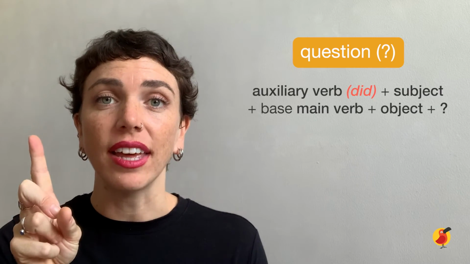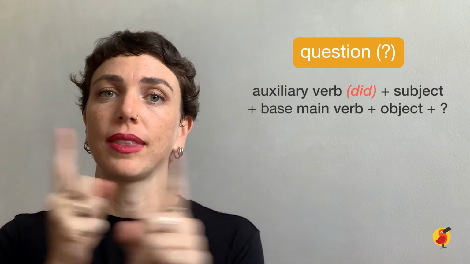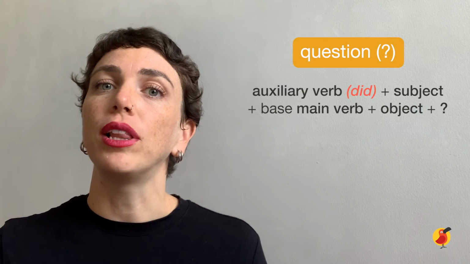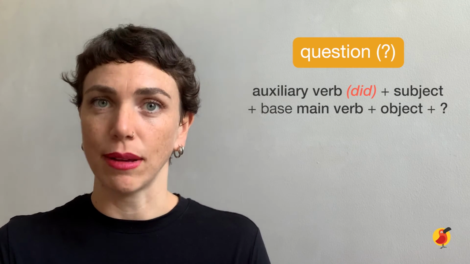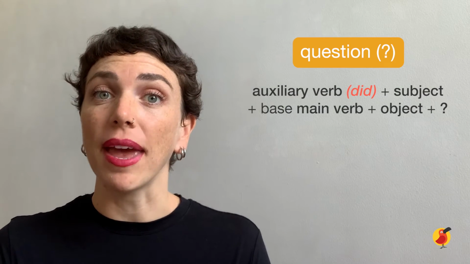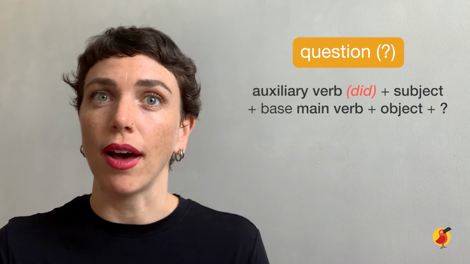Moving on to questions. Asking a question in the simple past tense is quite similar to making negative sentences. However, you need to exchange the auxiliary verb and the subject. So the formula will look a little bit like this. Did plus subject plus base main verb plus object plus question mark.